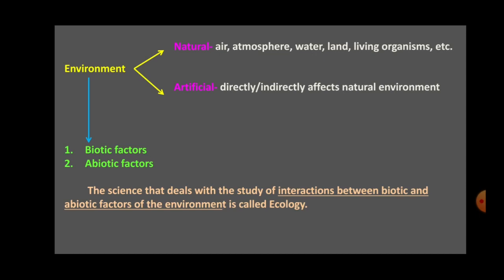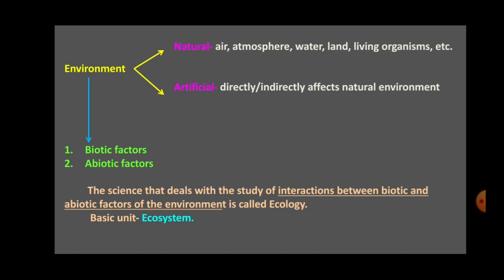Eco means environment. Clear? So whatever deals with the interactions between the biotic and the abiotic factors of the environment, that study is ecology, the study of the environment. And here the basic functional unit to study ecology is the ecosystem.